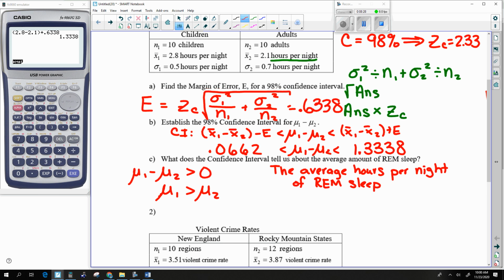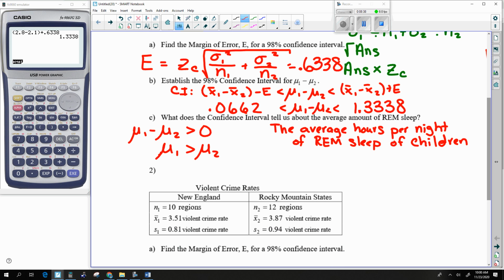And then mu1 is of x1, and that would be of children. So mu1 is greater than mu2.